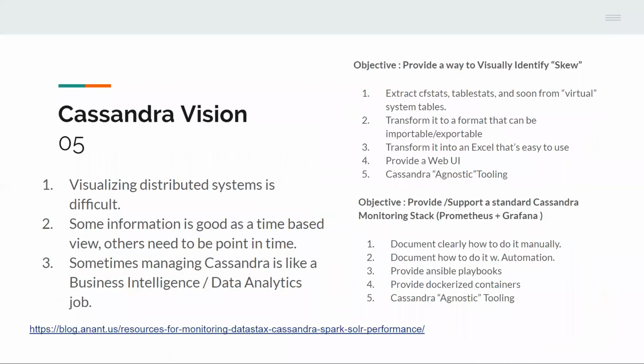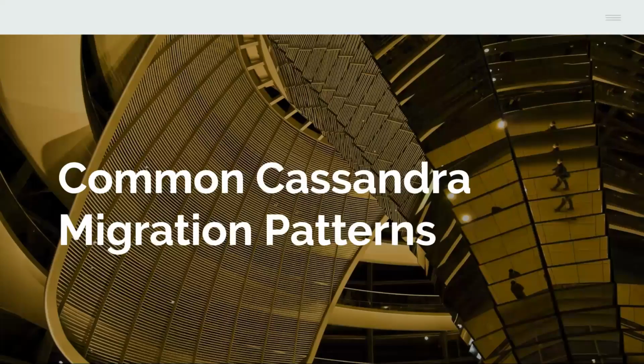All right, I'm going to continue on so we can cover the rest of the talk here. The rest of the talk is about the strategy of going to Cassandra.